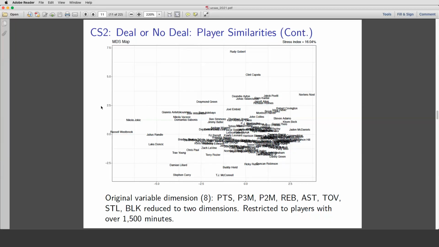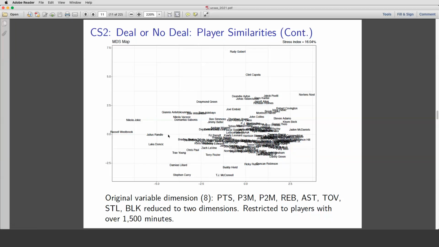There's a question about what do these axes represent, and it's actually kind of hard to interpret what exactly is plotted here. The goal is you have an 8-dimensional input, and then you're turning that 8 dimension into some 2-point coordinates. And the theory is if two players have a very similar vector here of points, threes, rebounds, etc., they're going to be plotted close to each other. So you're trying to go from 8 dimensions to 2.